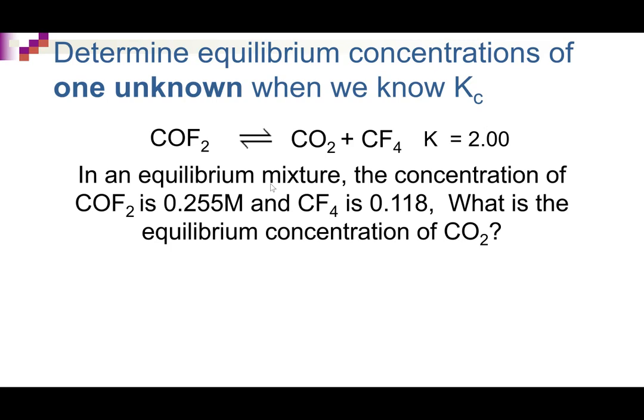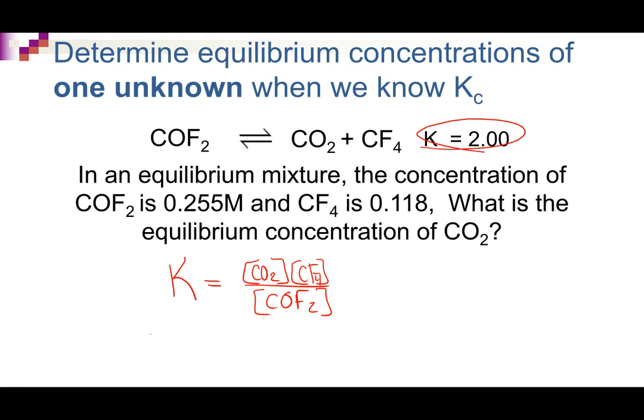All right, so the first thing we're going to do here is just write our equation for K: the concentration of our products divided by the concentration of our reactants. From here, I'm just going to plug in what I know, and that hopefully will point to the one unknown, the one thing I need to solve for.